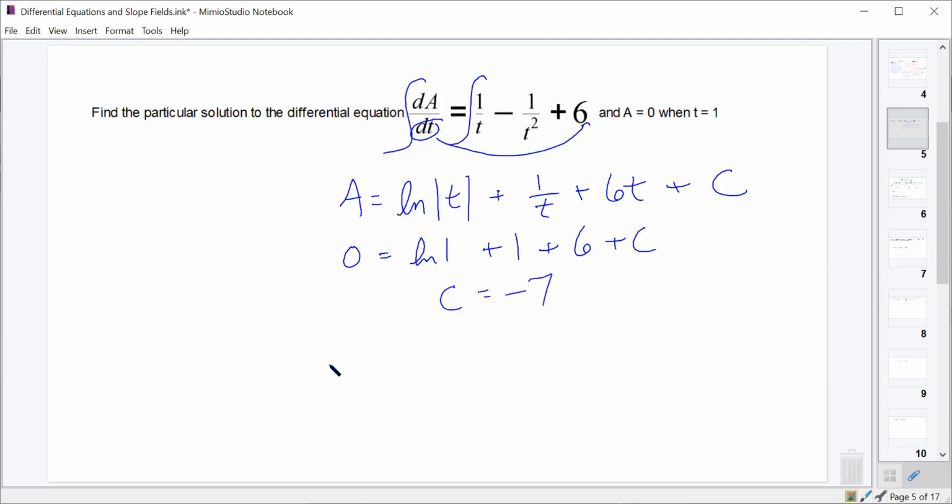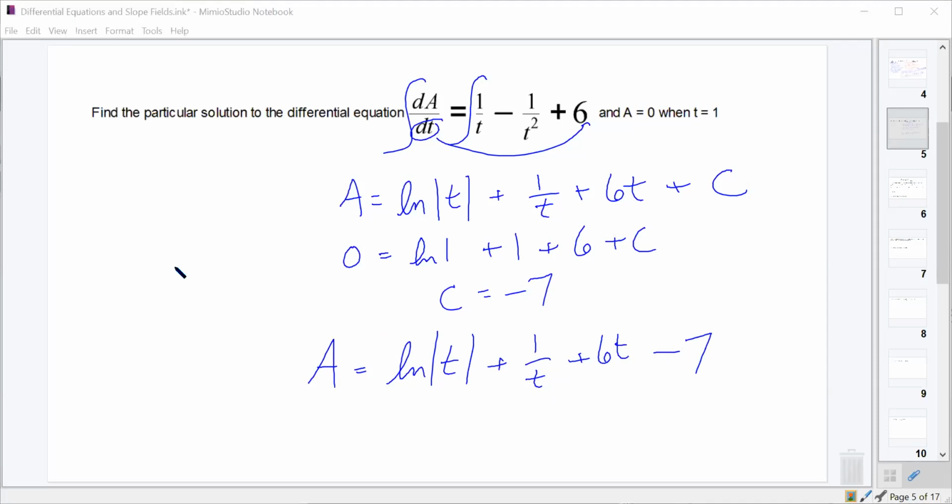Okay. So our final equation is a equals the natural log of the absolute value of t plus 1 over t plus 6t minus 7. And this has some discontinuity, right? There's only one place where it has a discontinuity, but we know that t cannot be what? 0, right? The absolute value allows us to have negative values of t.